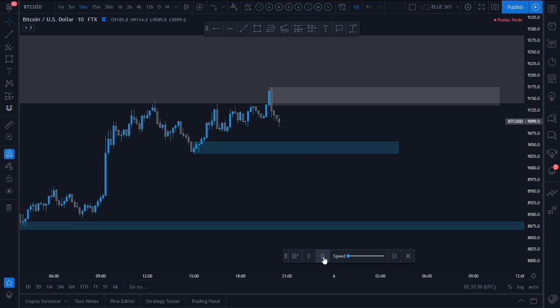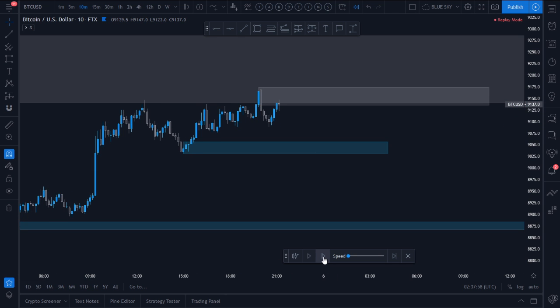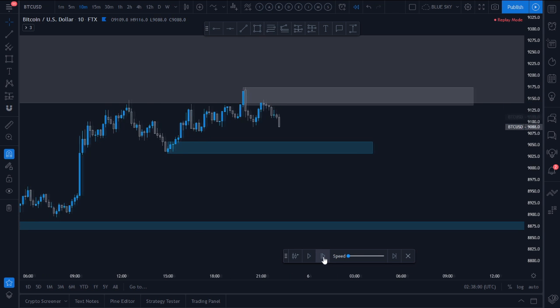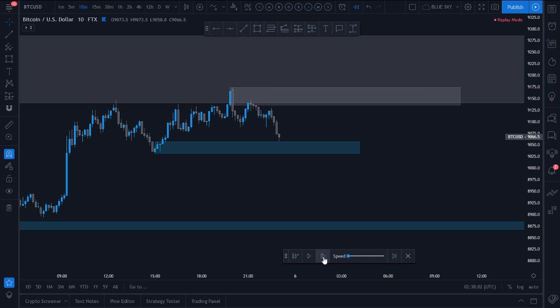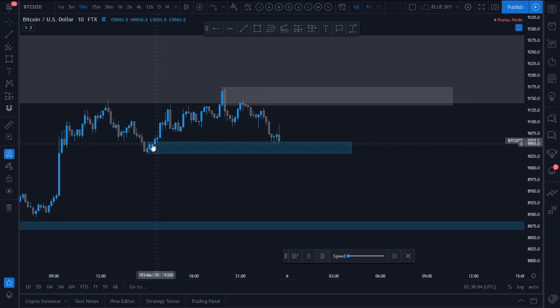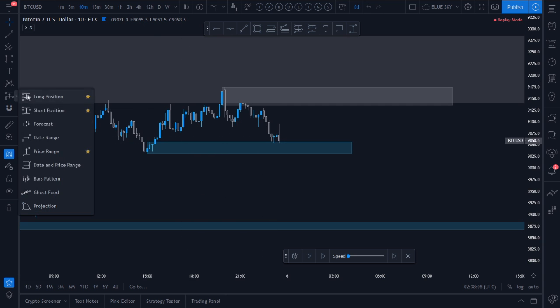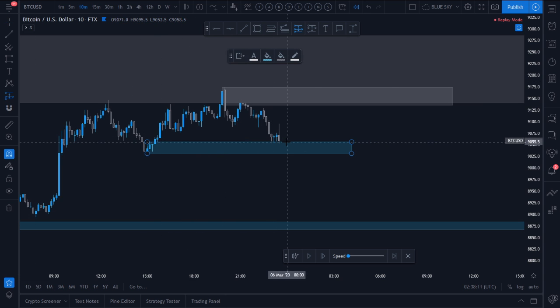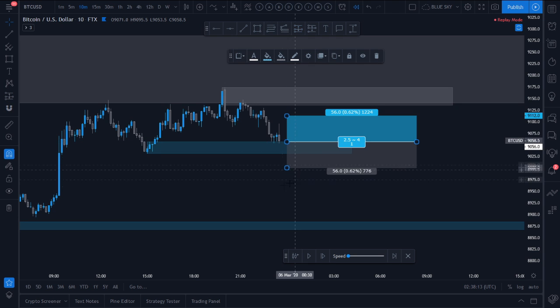Okay, price did visit our new demand zone here, guys, and we can target this supply zone here.